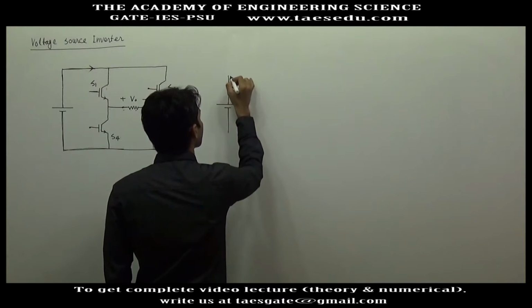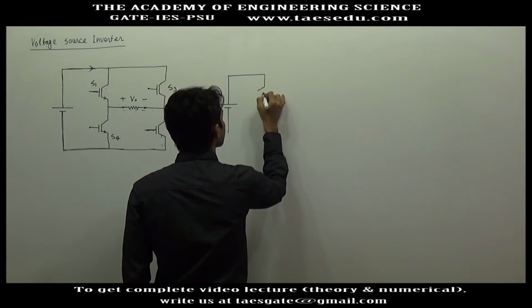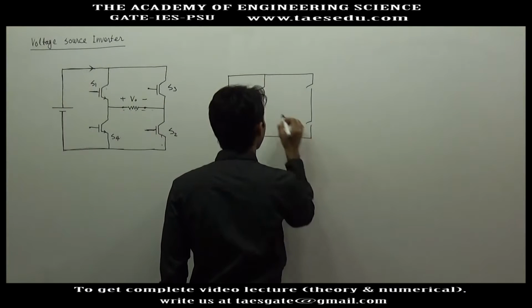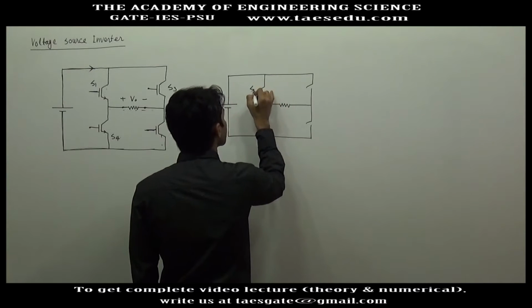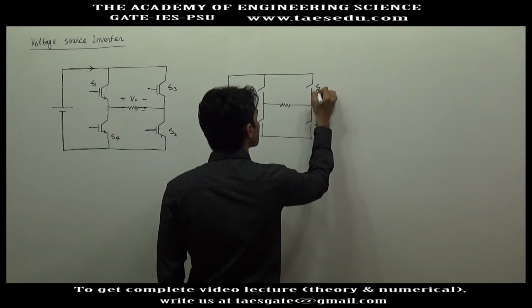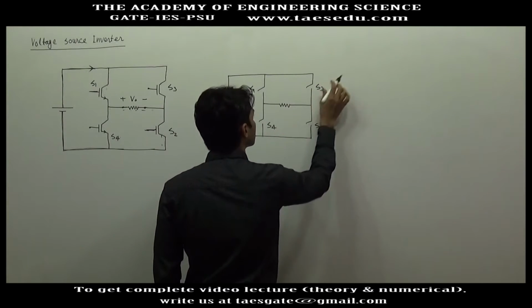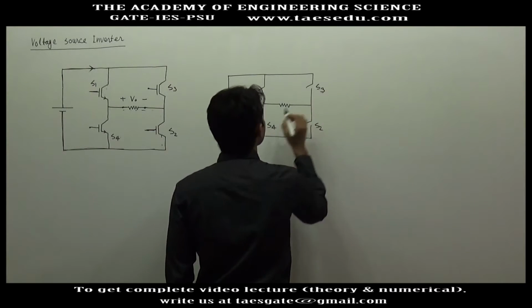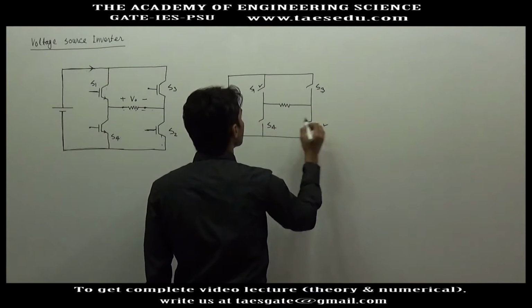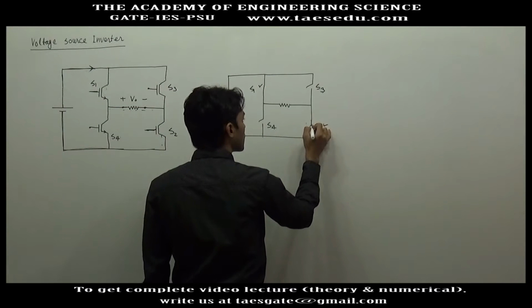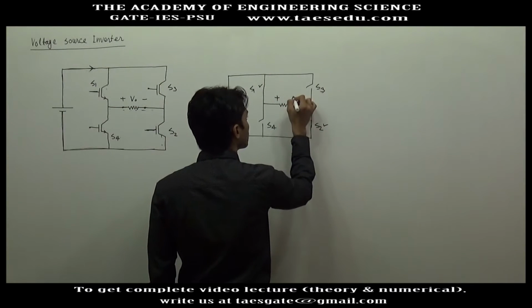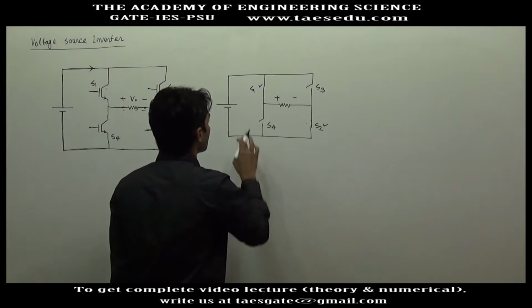I am drawing the diagram showing switches only. Here you have resistive load. This is S1, this is S2, S3, S4. So when S1 and S2 are conducting, these two switches will be connected. Here you have positive reference, here you have negative reference.